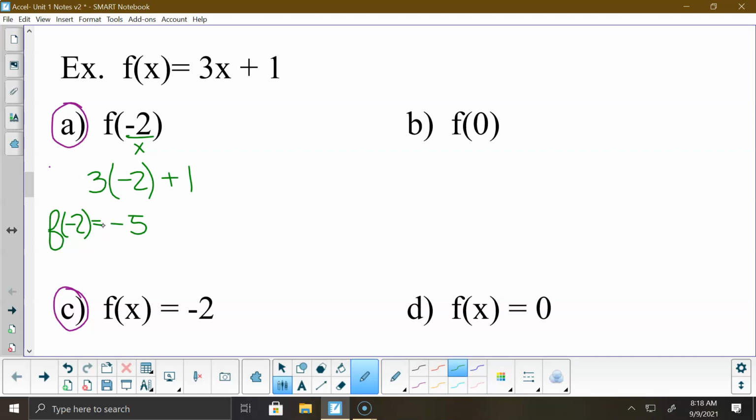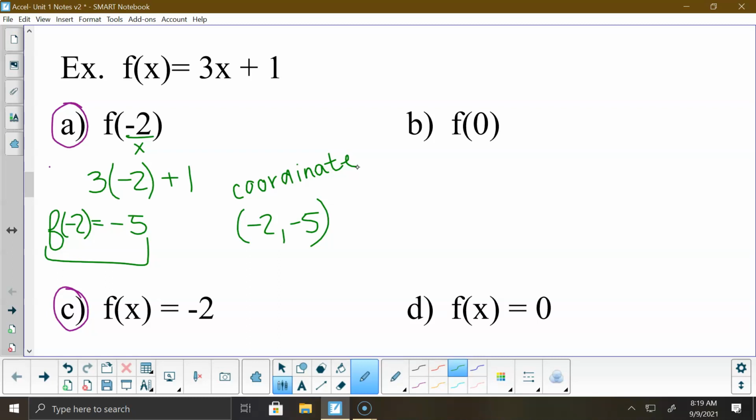Now, common mistake here that kids will make is they will try dividing out by a -2. Nope. Leave it alone. All right? This is giving you the coordinate of -2, -5. Okay? It's telling you, if you plug in -2, where am I going to end up on the graph? All right, so do not try to divide out by a -2. It's giving you information.